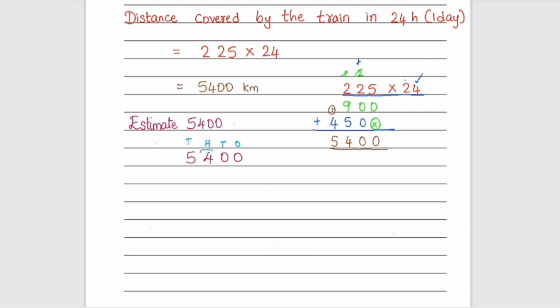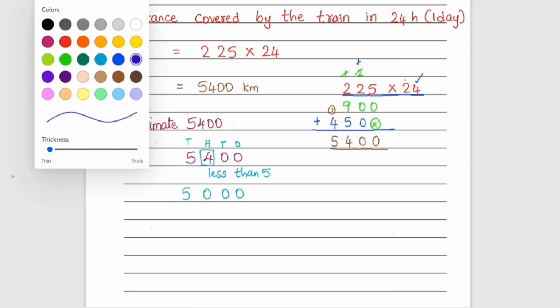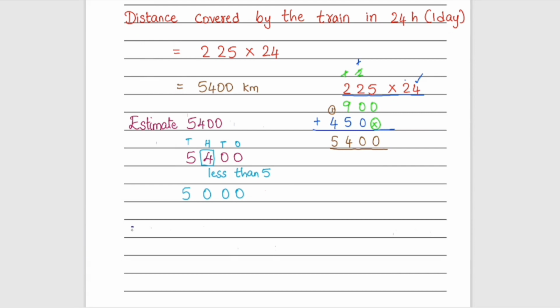So here the highest place is thousands, so we have to check the digit in the hundreds place. 4 is less than 5, therefore the estimation is 5000. Therefore, the estimated distance covered by the train in a day is 5000 kilometers.